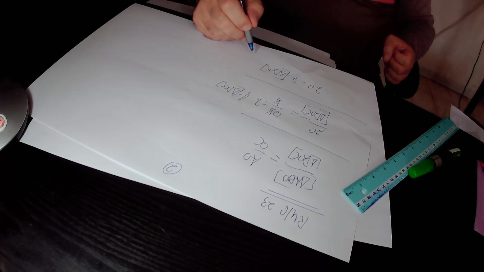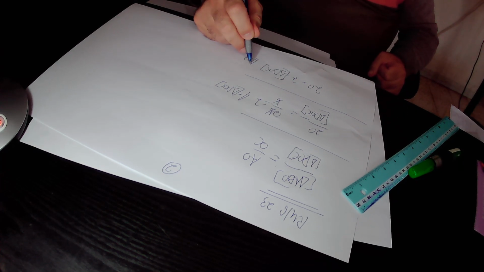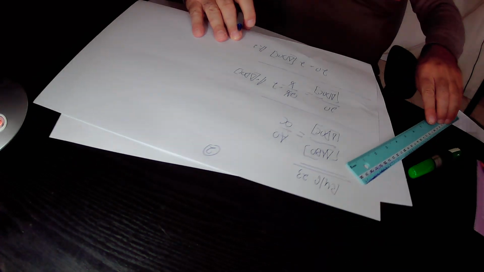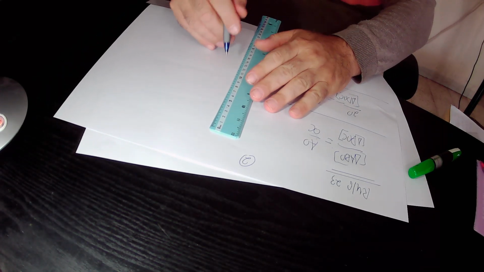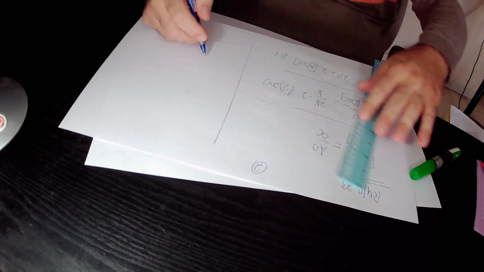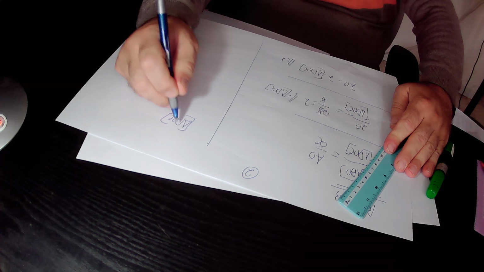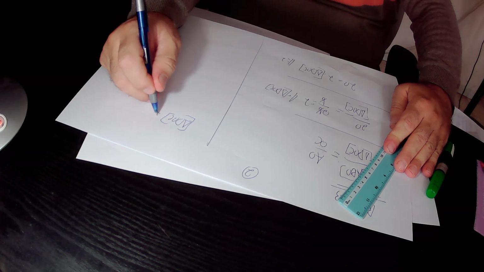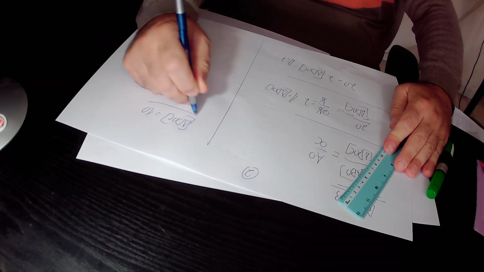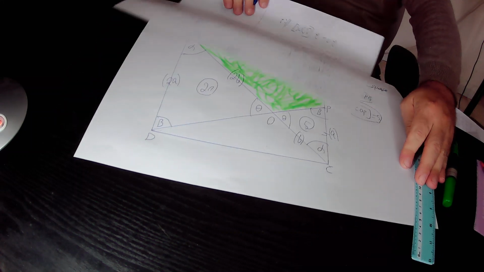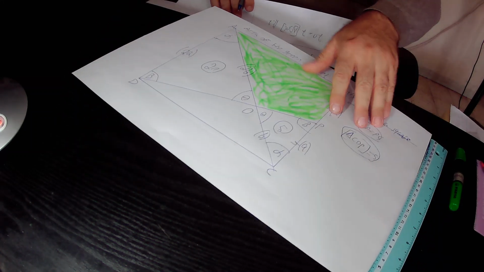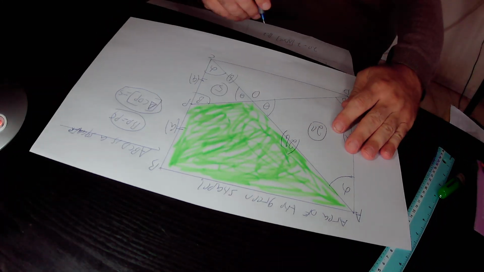Here we divide this equation by 2, and finally we get that the area of the small triangle DOC is equal to 20 over 2, which is 10. So it is equal to 10 square units. So the area of this small triangle DOC is equal to 10 square units in its size.